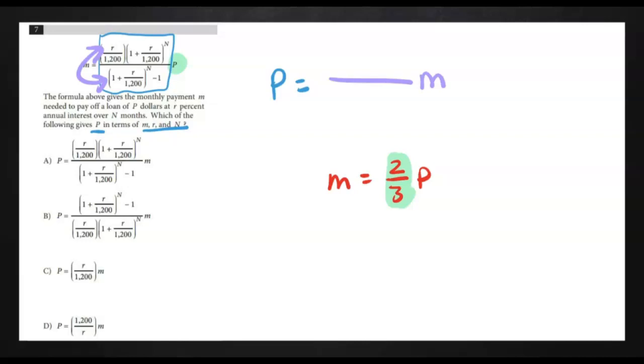Well, the denominator has to be in your numerator, so we know that we can't have C or D, and it's got to be either A or B. So look closely, see what answer choice has your original denominator right in the numerator. So that is actually answer choice letter B, and your answer to question number 7 is answer choice letter B.